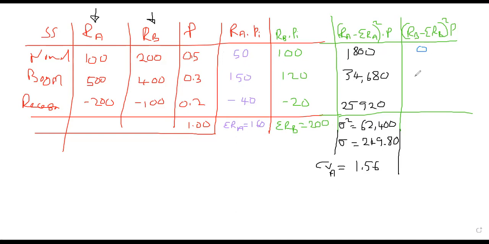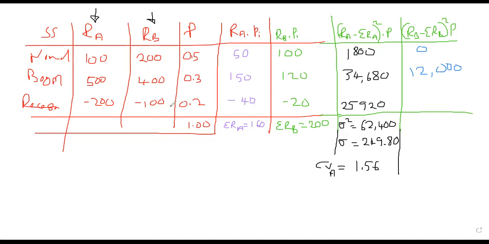Yes, the next here, what do we do? 400 minus 200, which is 200, yes. Then you square it first, then times 0.3. Excellent. So we get 12,000. All right.